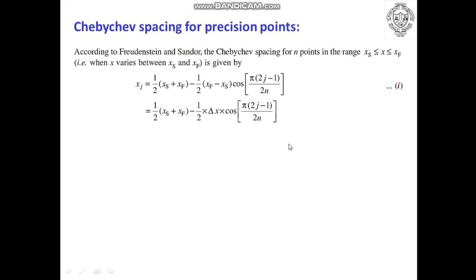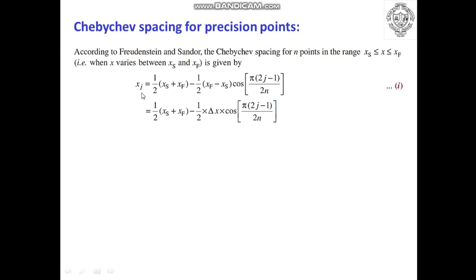So according to Freudenstein and Sandor, the Chebyshev spacing for n points in the range of x, that is the number of precision points or accuracy points within the range of x starting from xs and finishing at xf, that means x varies from xs to xf, is given by xj, where j is considered as 1, 2, 3, 4 and so on, and n is considered as the number of precision points.